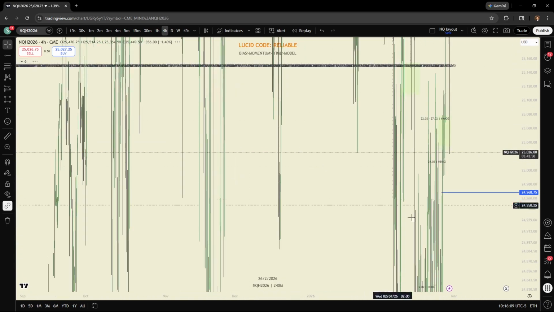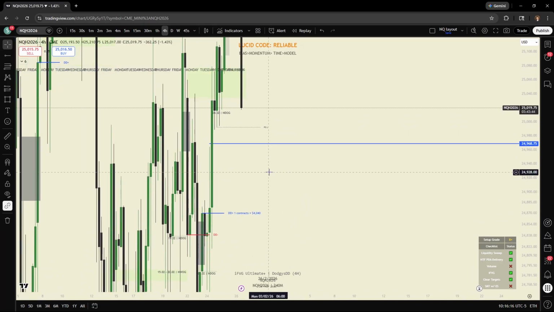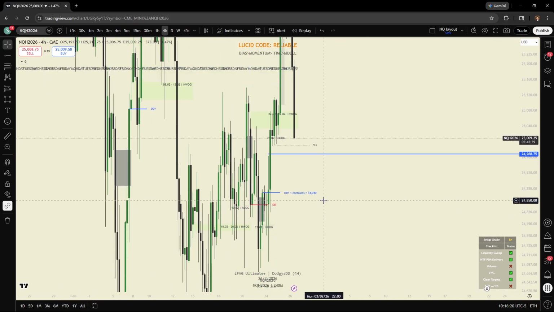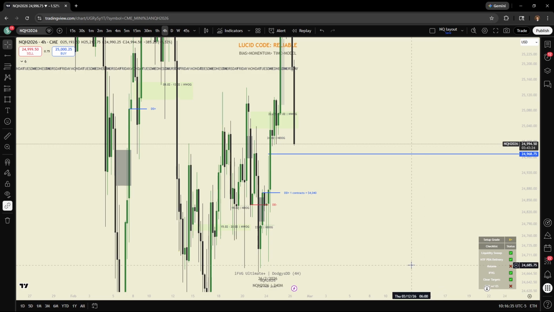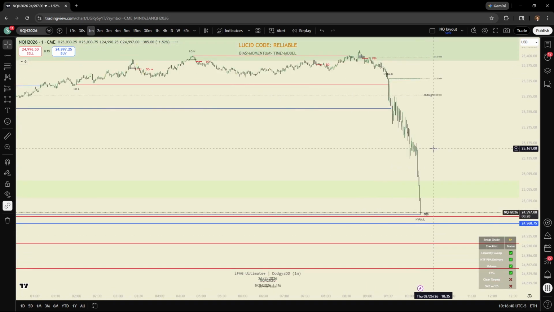So we'll watch previous day low here. There will be an unfilled 4 hour that we tap into at that same level. So I wouldn't look necessarily for a bounce, but that's probably just going to be the target. Wow, that was really quick.